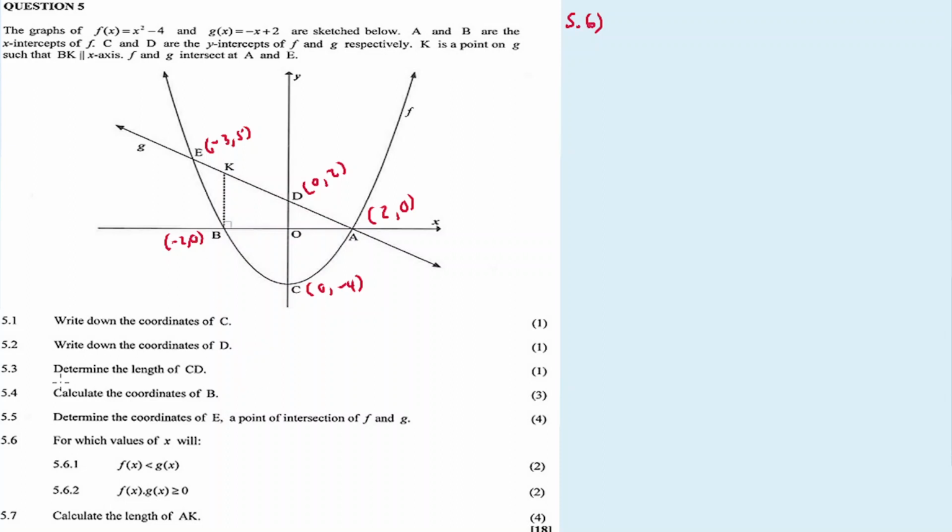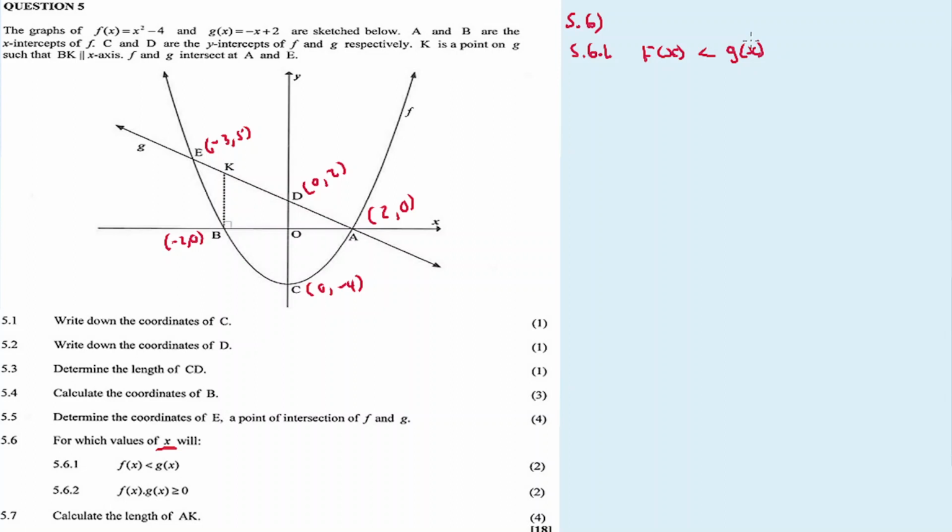Right, okay. 5.6.1, for which values of x will f of x be less than g of x? For which values of x will this make the statement true? So in other words, where on your graph is f of x smaller than g of x?